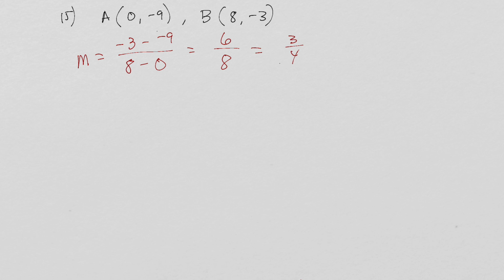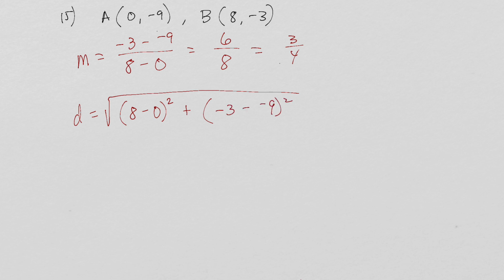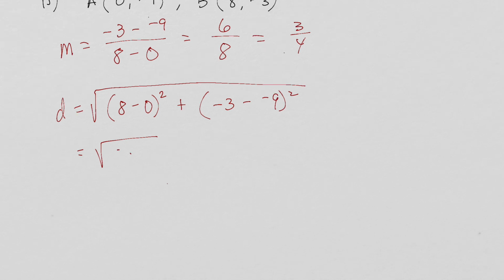3/4. The distance is the square root of x2, which is the x value of the second point, minus x1, which is 0, squared, plus the difference of the y's. y2 is negative 3 minus y1, which is negative 9 squared. This is 8 squared, which is 64. Well, let's just write it as 8 squared first.